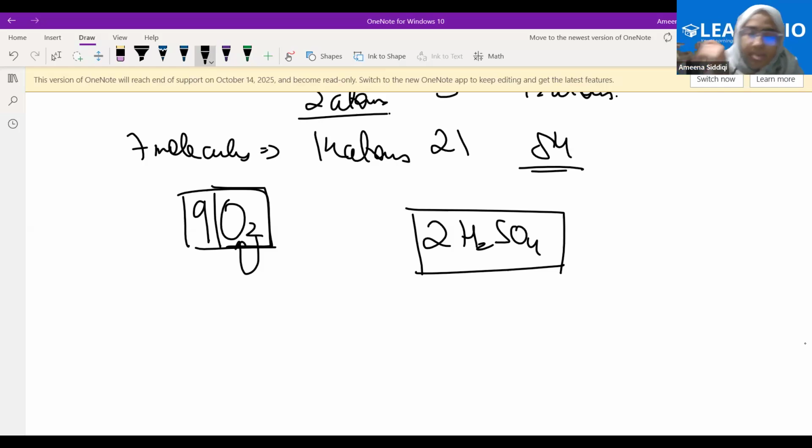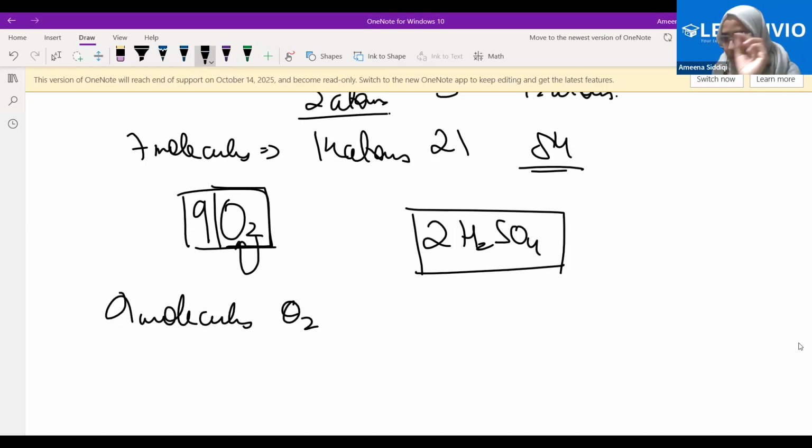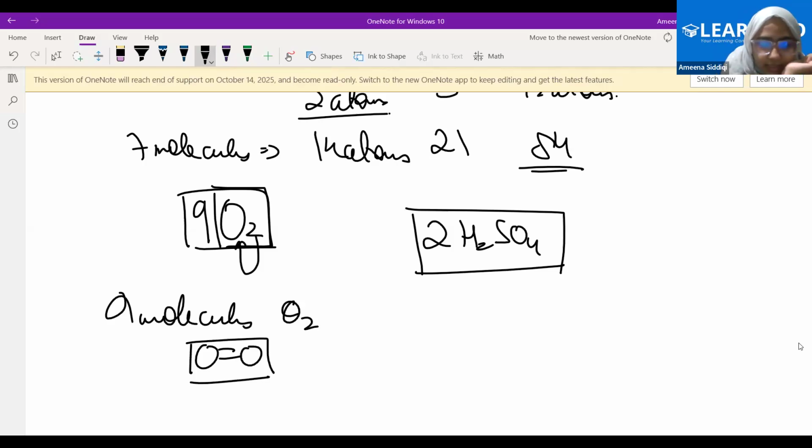Yeah. So 9 molecules of oxygen means 2 atoms of oxygen combining together to form 1 molecule of oxygen. This is being repeated 9 times. Please understand the part here. Ma'am, so is it like 18 oxygens bonded together?